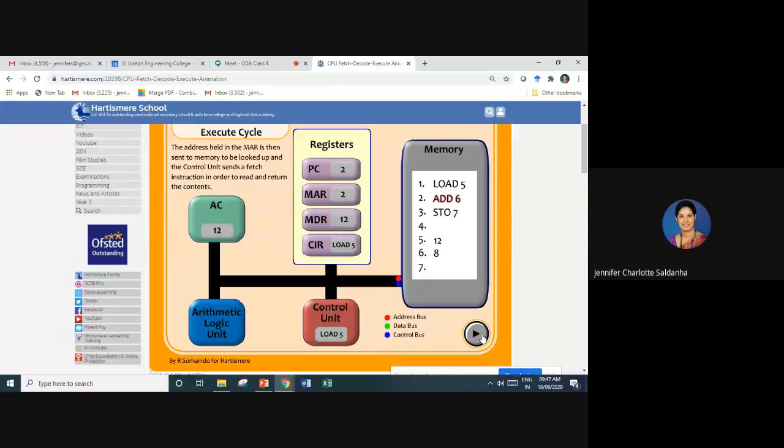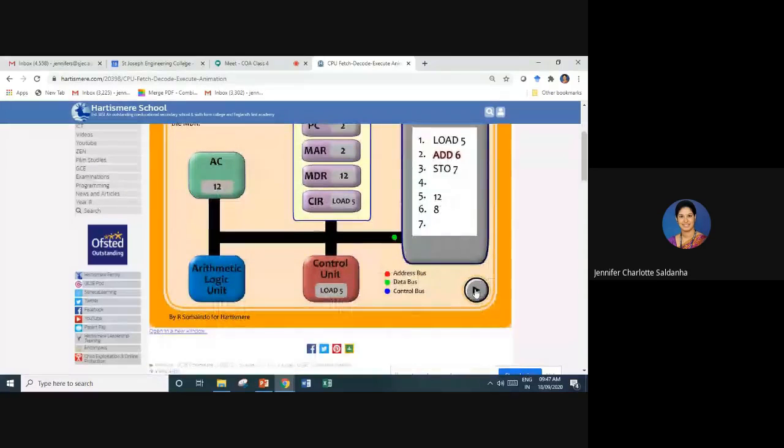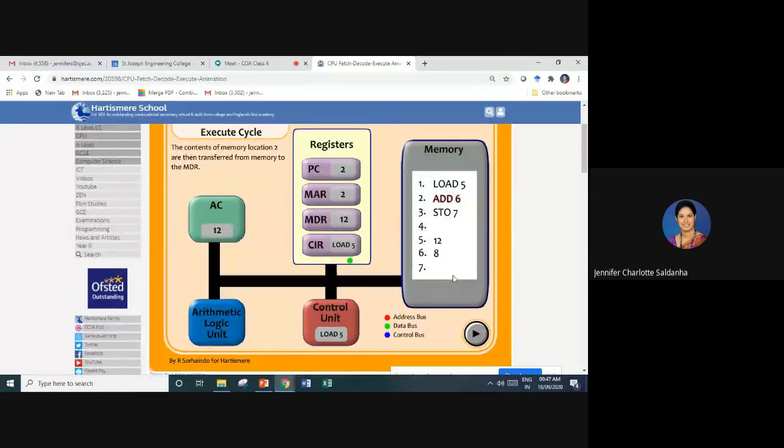MDR. Okay. From MDR, since it is the instruction, it will go to the instruction register. Now the second instruction fetch is completed.